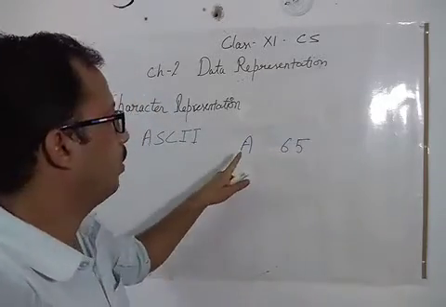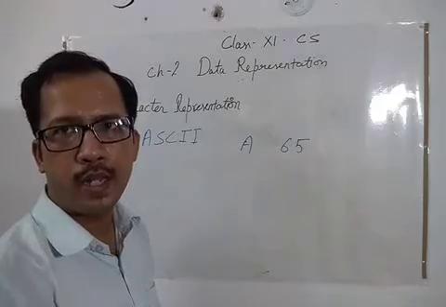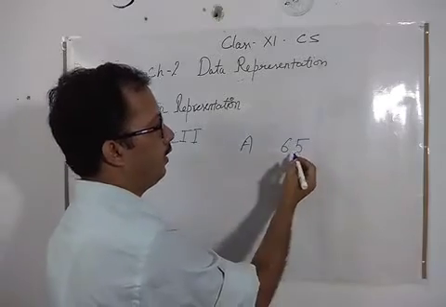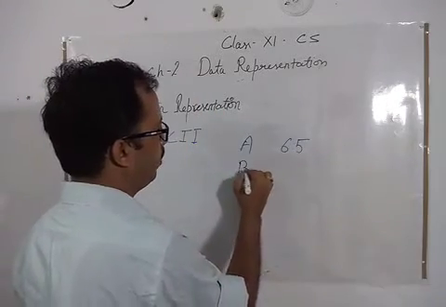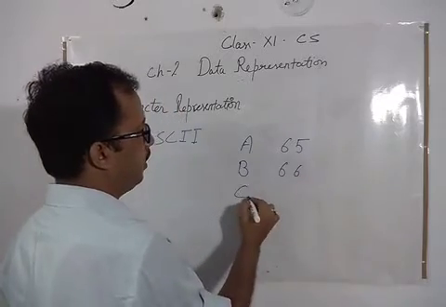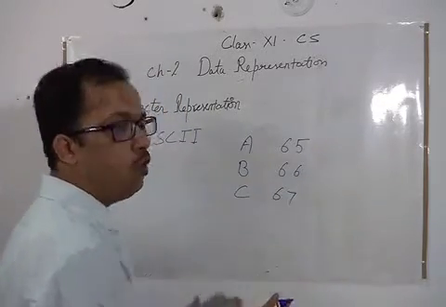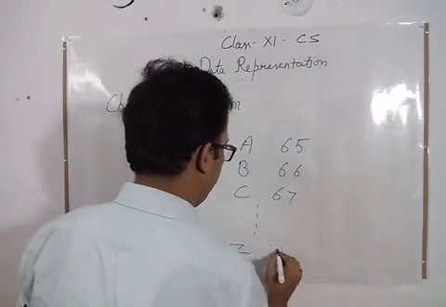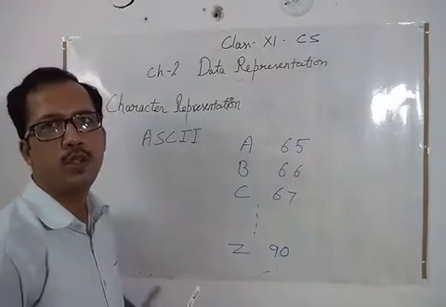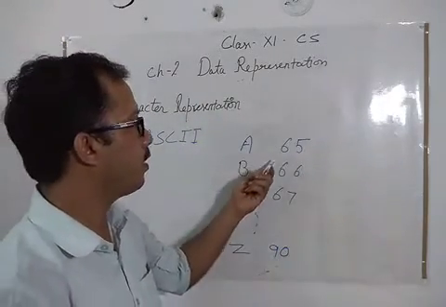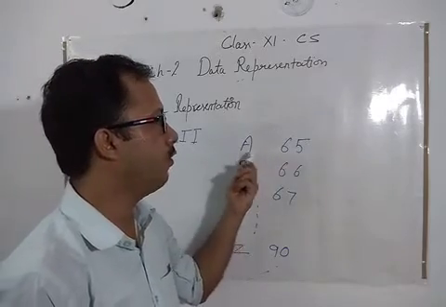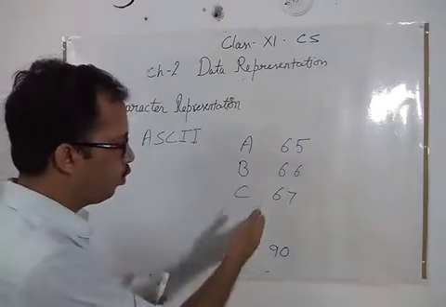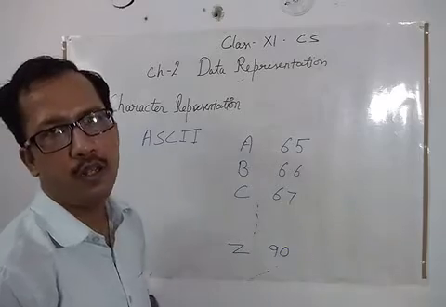Character A is represented by a numerical value which is 65 in decimal. Similarly, capital B is plus 1, 66, capital C 67, and so on up to capital Z, which is 90.